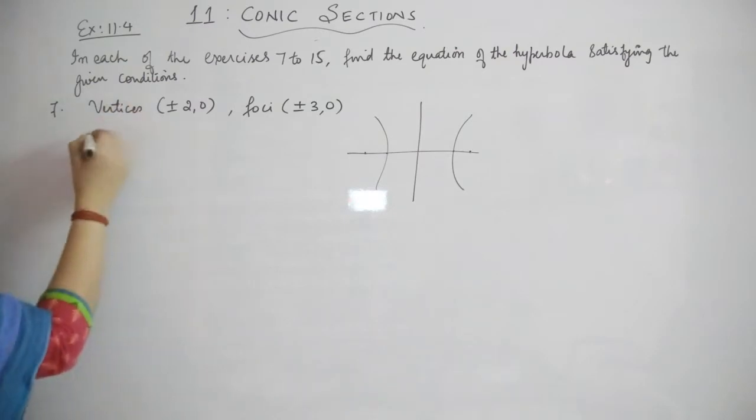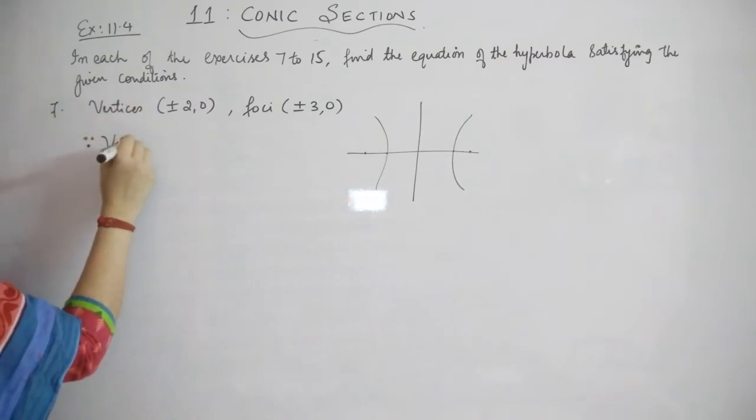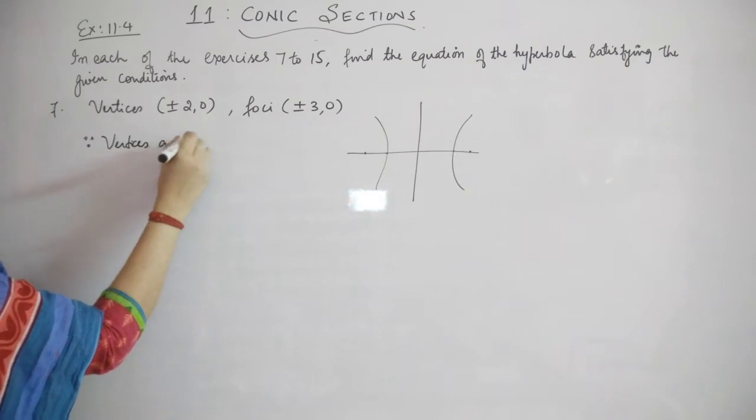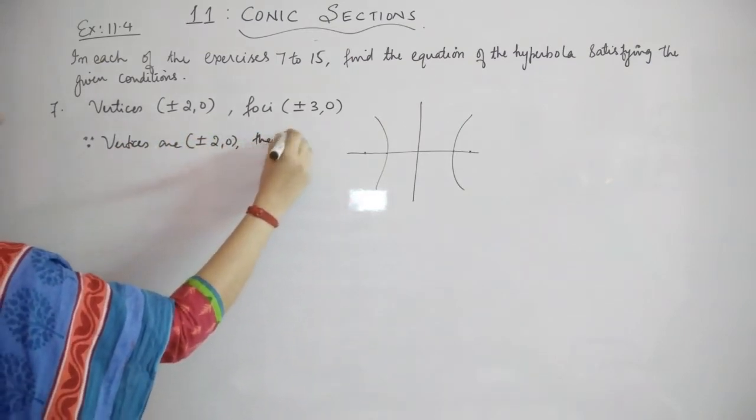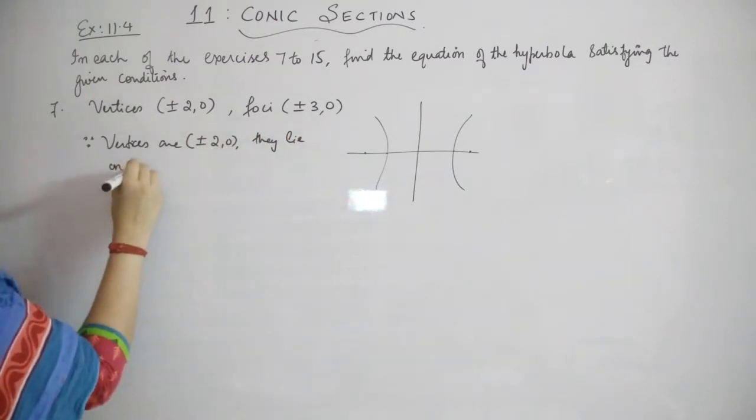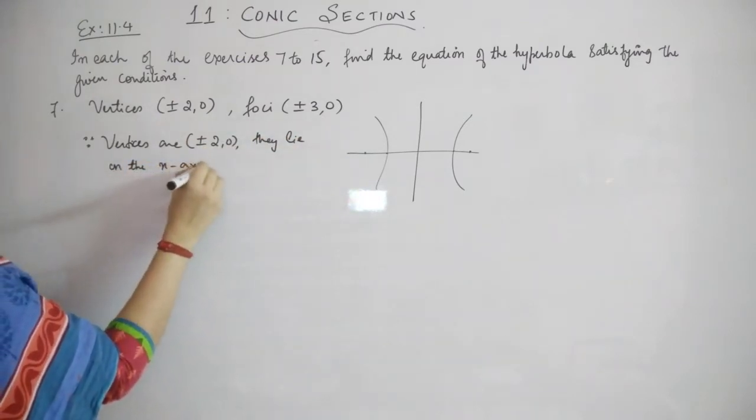So from the given fact, since the vertices are plus or minus 2, 0, they lie on the x-axis.